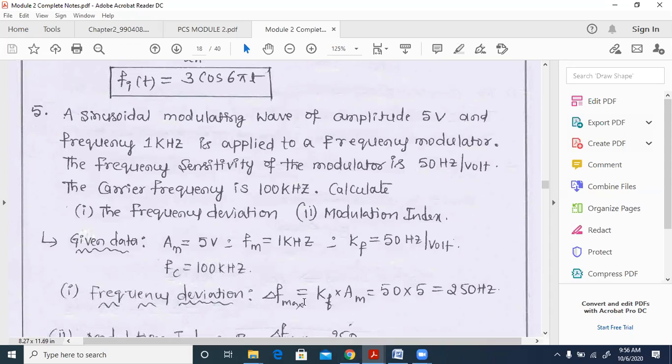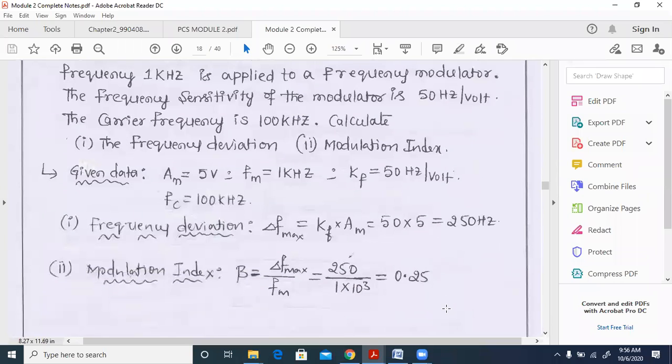So frequency deviation del F max is, for us, KF and AM are given. Beta into FM also you can write, but beta is not given there, so therefore we can try to find it directly. KF into AM is 50 into 5 equal to 250 hertz.